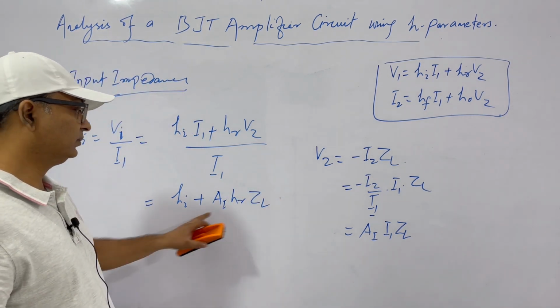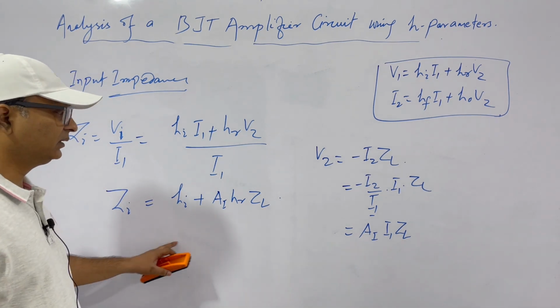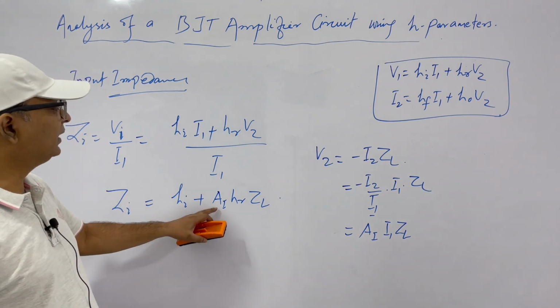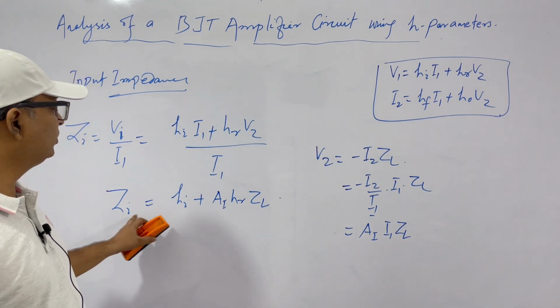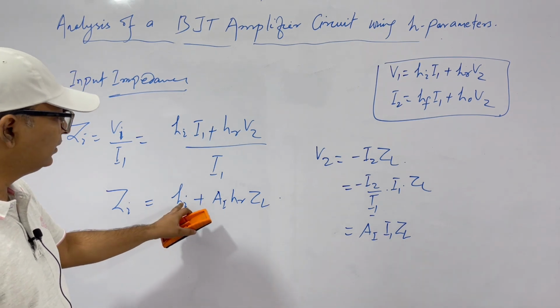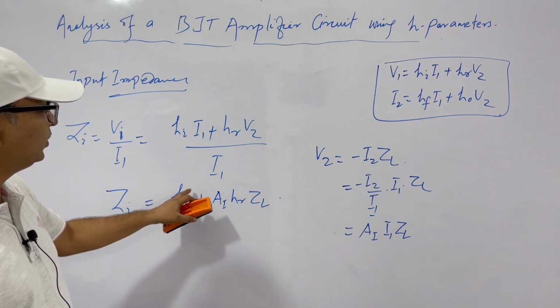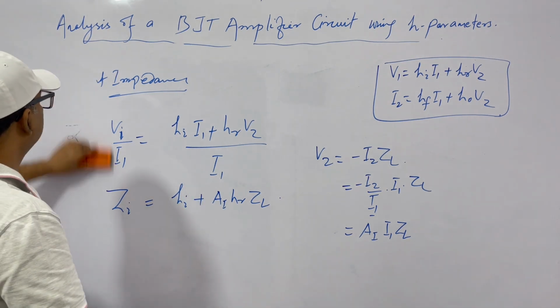So we have the formula for input impedance Zi. Okay, you can put the value that we got for AI into this and get a value independent of AI, dependent only on H parameters and ZL. So that is up to you.